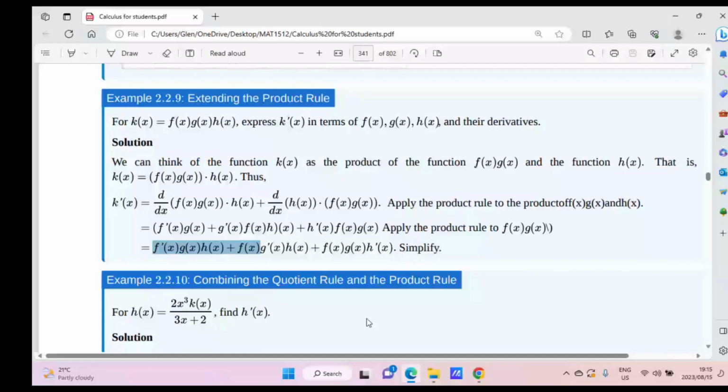My answer is 18x cubed multiplied by k of x, plus 12x squared multiplied by k of x, plus 6x to the 4 multiplied by k prime x, plus 4x cubed k prime x, minus 6x cubed k of x.